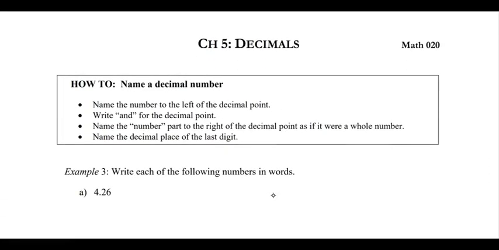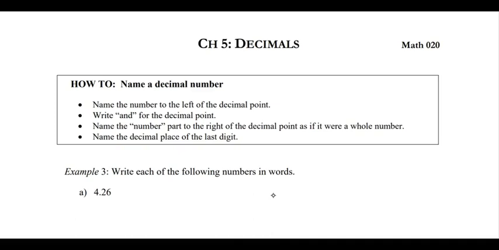So here are some rules for how to name your decimal numbers. You're going to start with naming the number to the left of the decimal point. That's going to be the whole part. For a decimal number, you are going to write the word "and," indicating the decimal point. And then write the number part to the right of the decimal point as if it was a whole number.